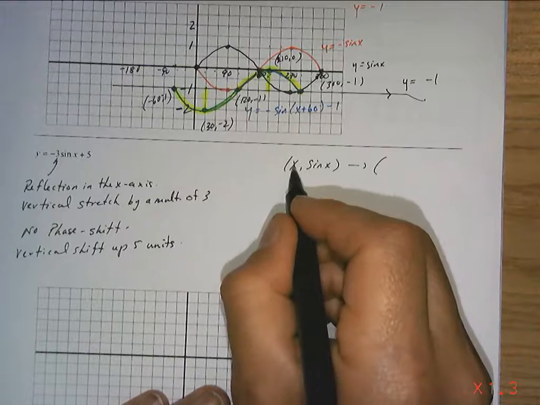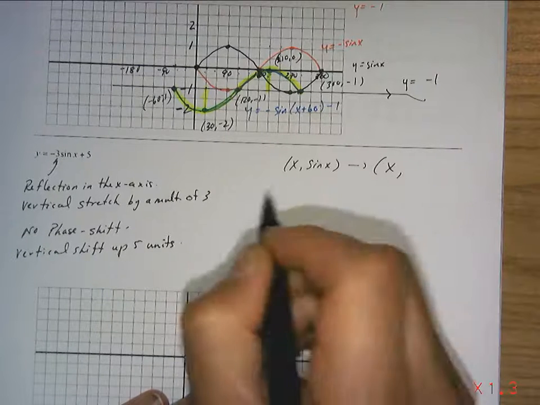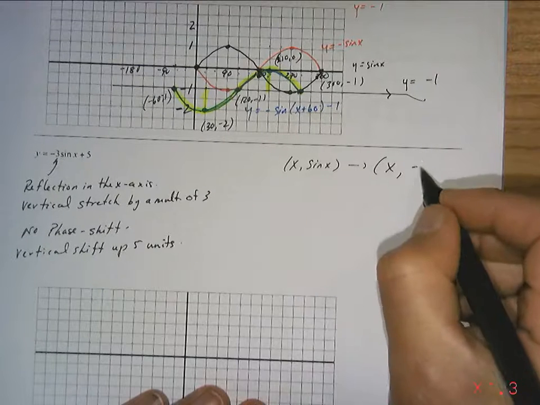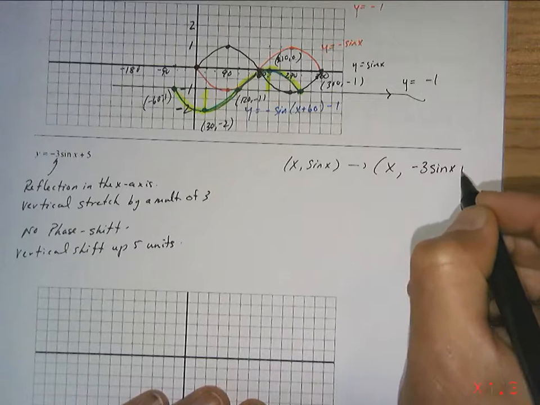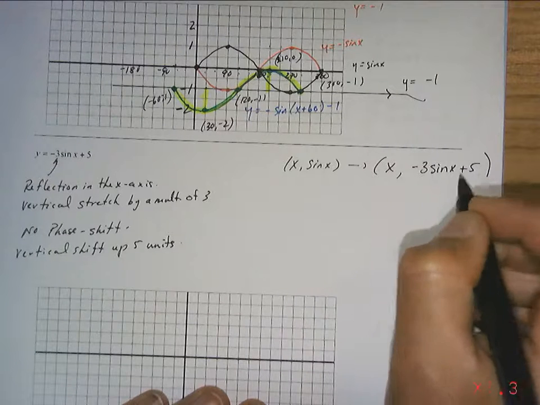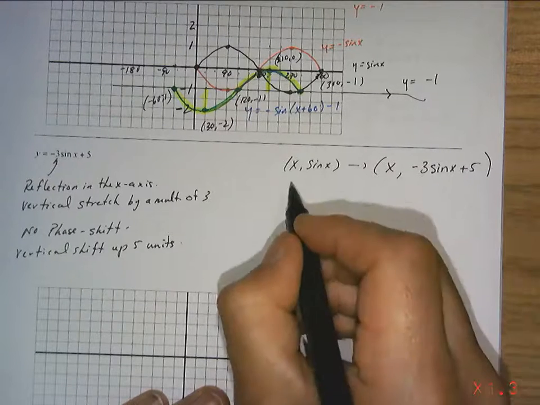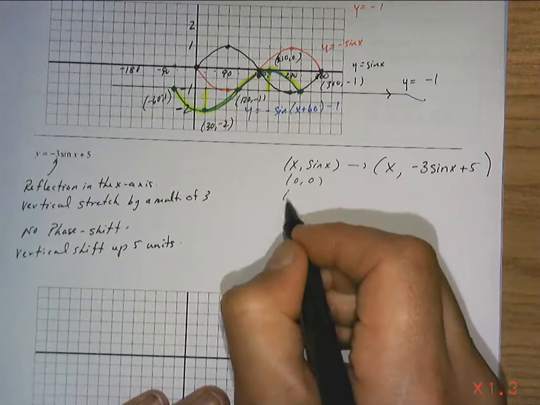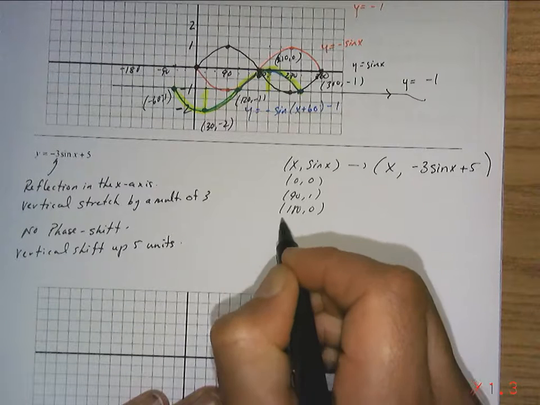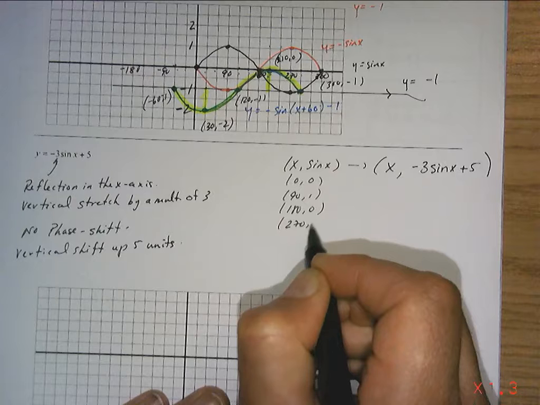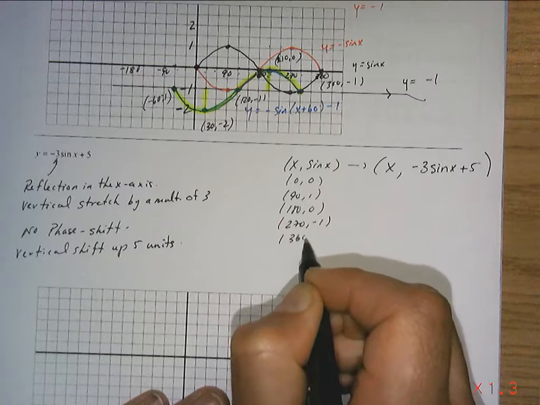There's no horizontal shift, so my x is going to stay the same. I am going to be multiplying the sine x by negative 3, and I'm going to be adding 5. So everything that's changing here is changing in the y. So this will be 0, 0, 90, 1, 180, 0, 270, negative 1, 360, 0.